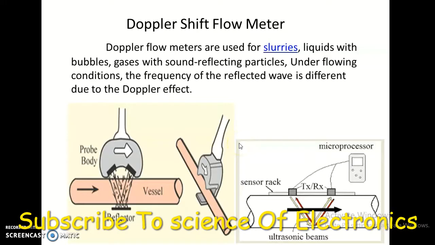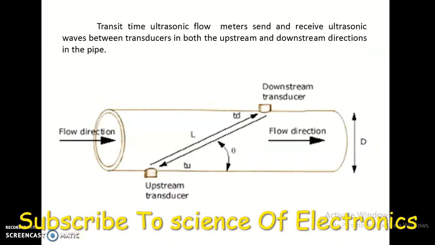Now let's see the transit time flow meter. In the transit time flow meter, we utilize the time between upstream and downstream. Transit time means the total time required for a signal to start from the transmitter and be received again at its original position.